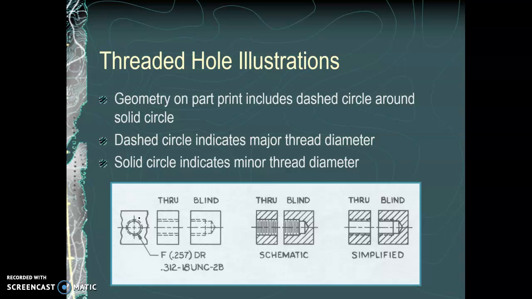And when the hole is seen from its end, as we look at it here, we see the dashed line surrounding the hole, again outlining it almost like a halo, and that dashed line indicates the presence of threads.